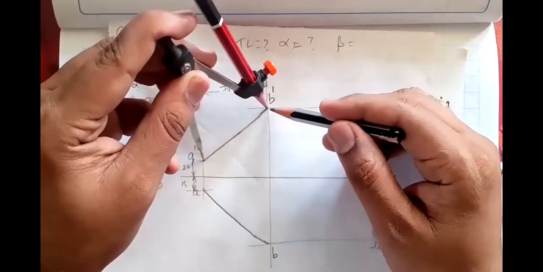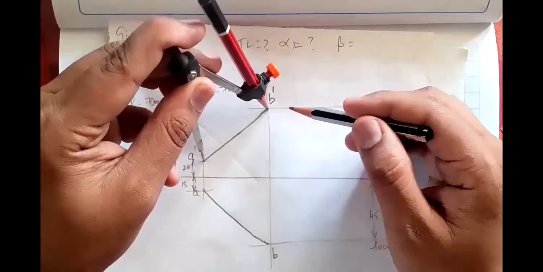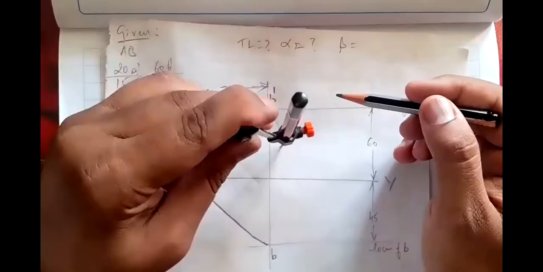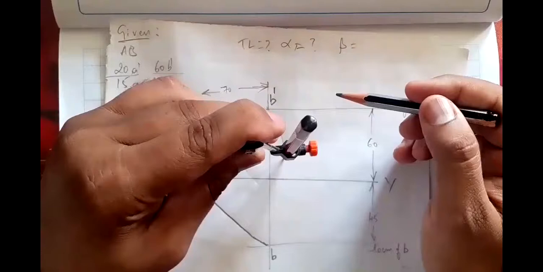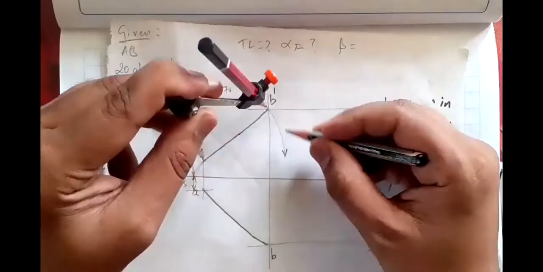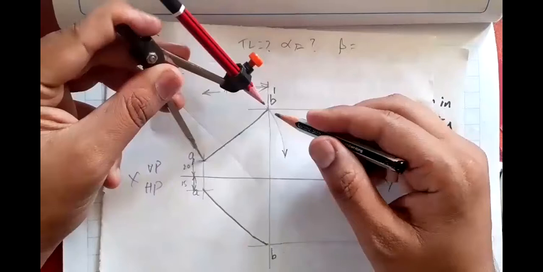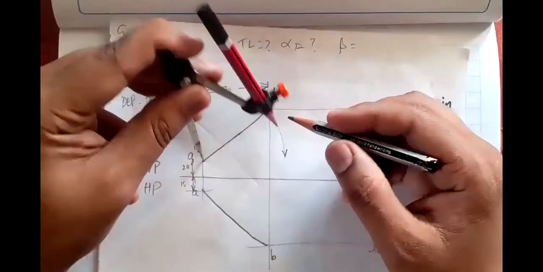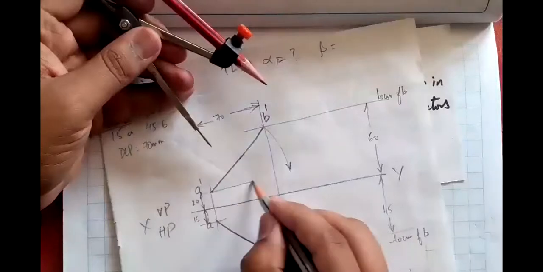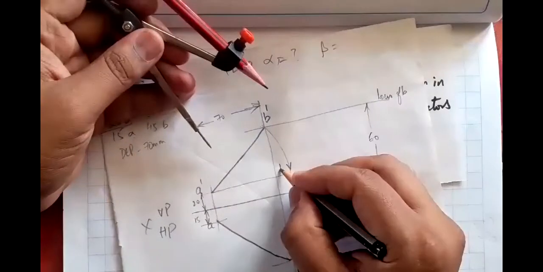Straight to A dash, sir. Okay, straight to A dash. That means it is the locus of A. I'm dropping this arc in reverse. I'm drawing this arrow mark. As you are seeing, this same front view distance is here also to the horizontal. This is B2 dash. Are you able to get it?